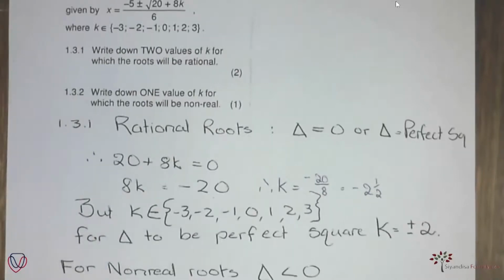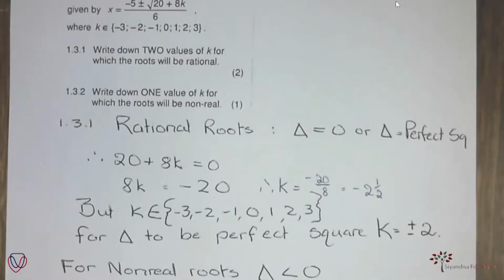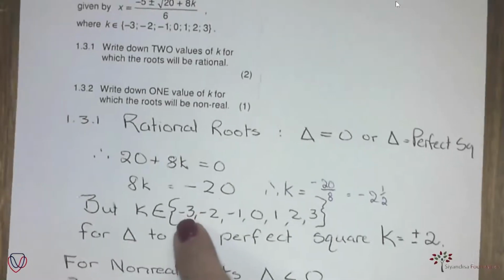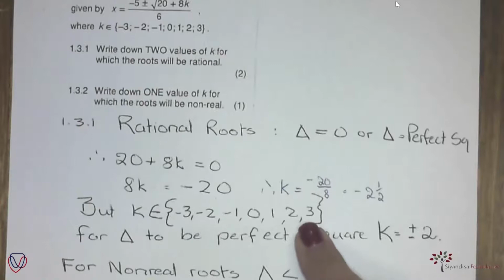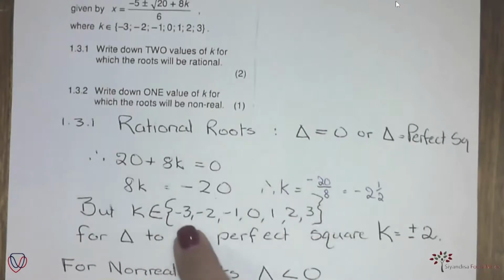So k will be smaller than negative 2.5. But we've got to fit into that numbers there. So we cannot have the half again. Smaller than that, the next whole number there is negative 3. Negative 3 is smaller than negative 2.5 on your number line.